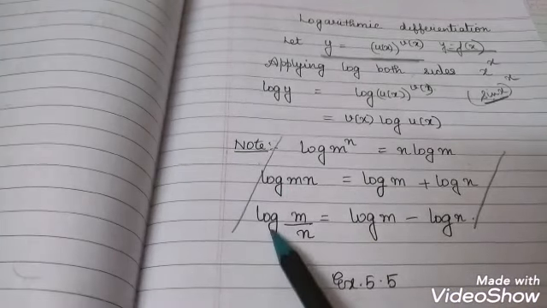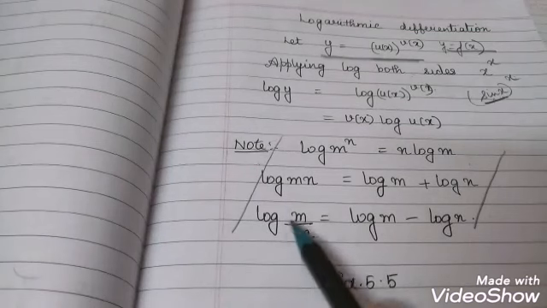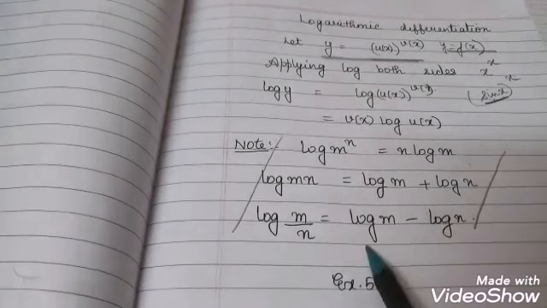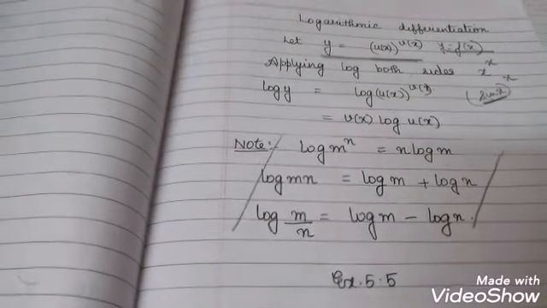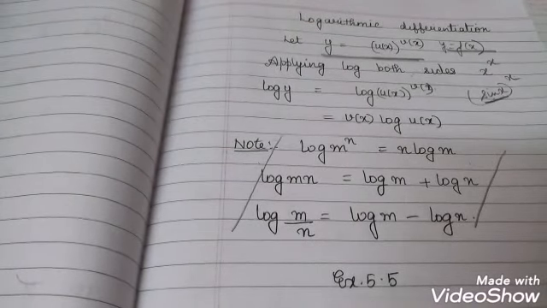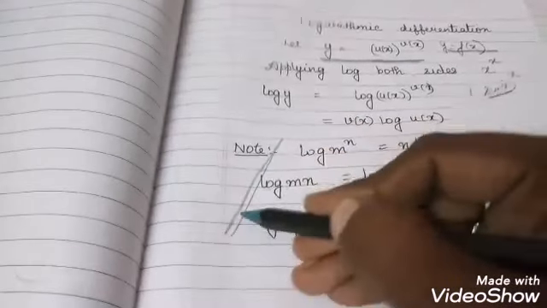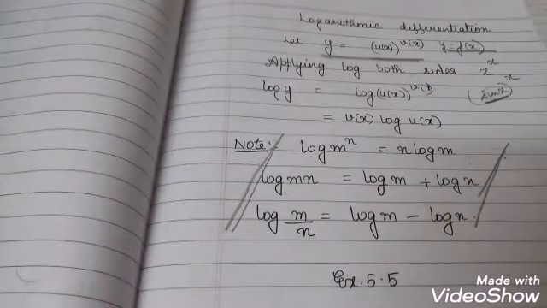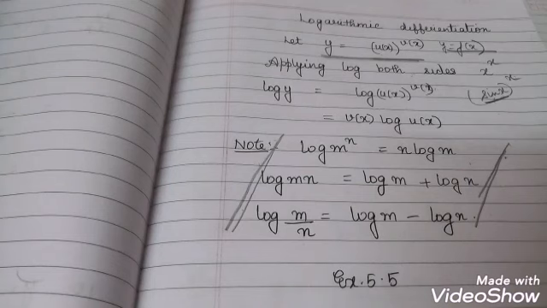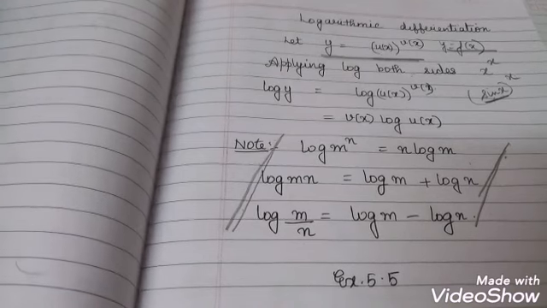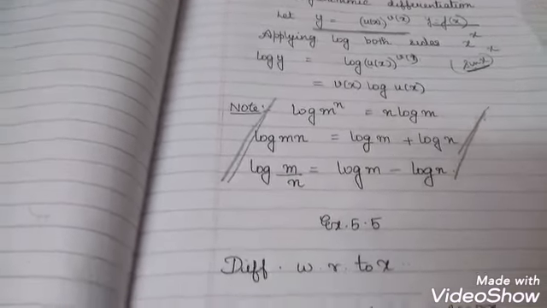Log of m by n is equal to log m minus log n. It's not differentiation, children, it's what we have studied in lower classes, the basic rules for logarithms. Now having this in mind, we'll go over to the exercise.